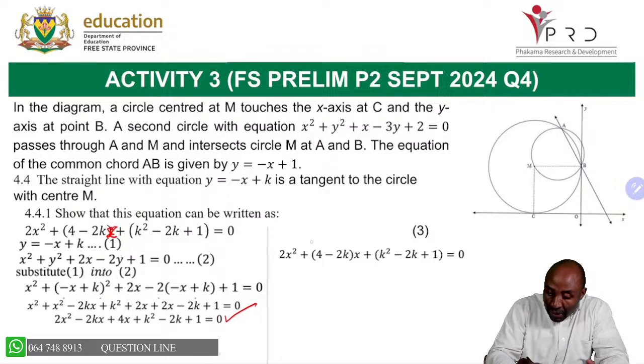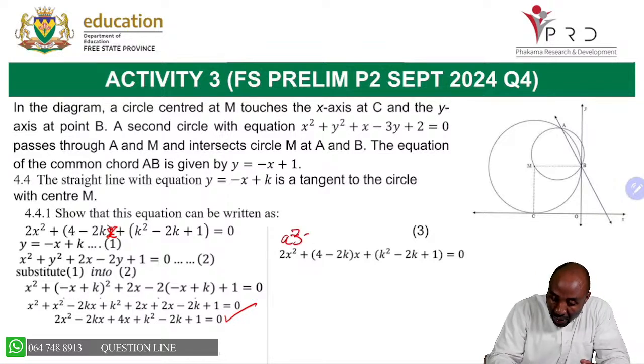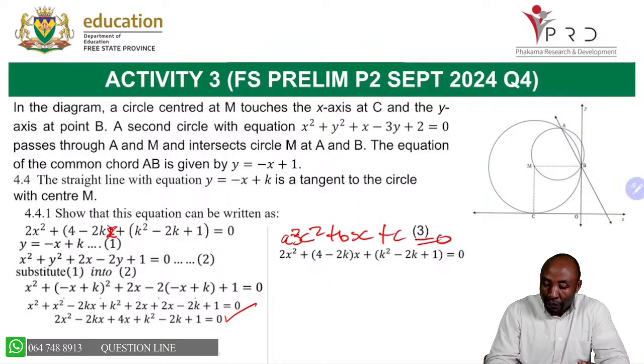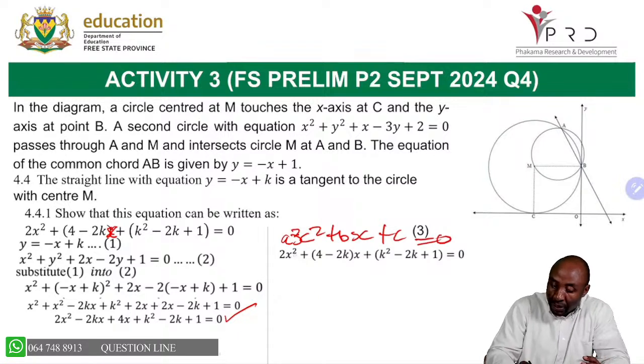Now, if you check, this is in the form ax squared plus bx plus c equal to 0. So, for us to find the numerical value of k, remember our solution there is going to be real. So, we have one real solution, which is a repeated root because it's a tangent, it touches at only one point.